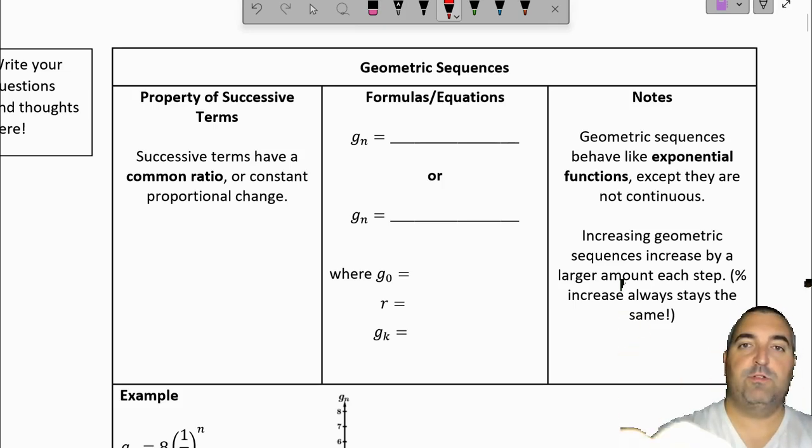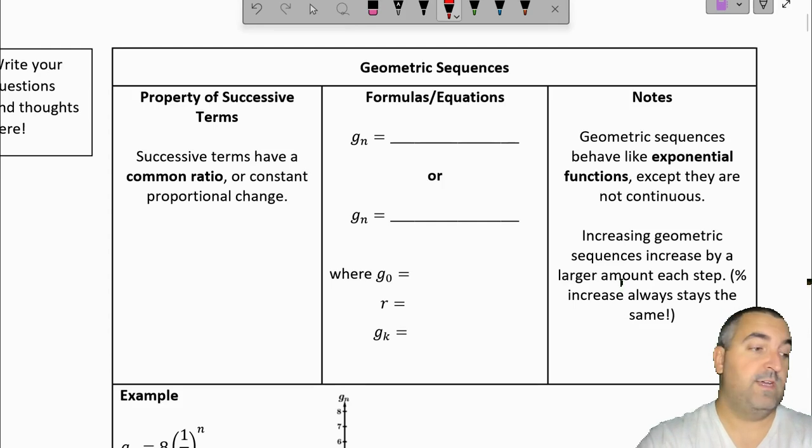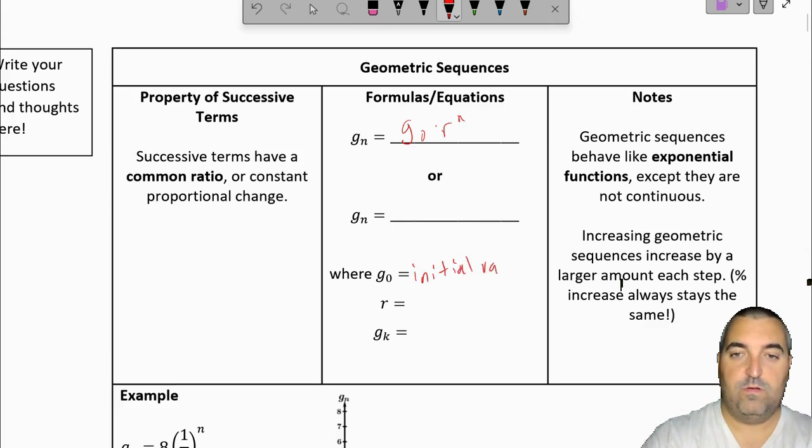So, kind of similar to arithmetic, there are two ways of writing their equations. You can either write g sub 0 times r to the n, and just for the sake of seeing it, g sub 0 is kind of like how a sub 0 was. It is that initial value, and then r is the common ratio.